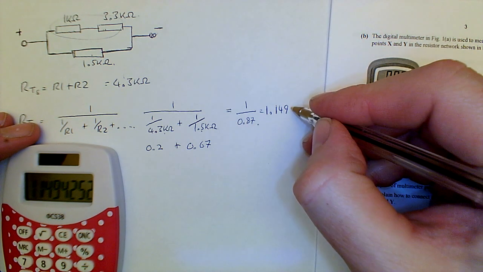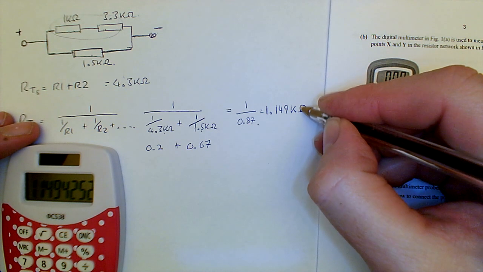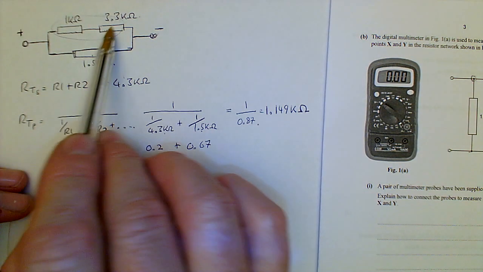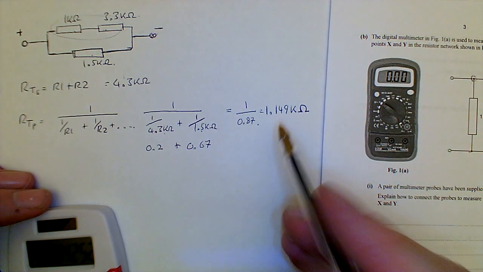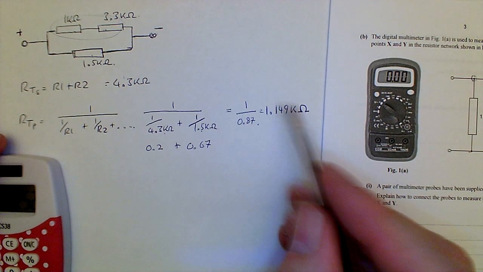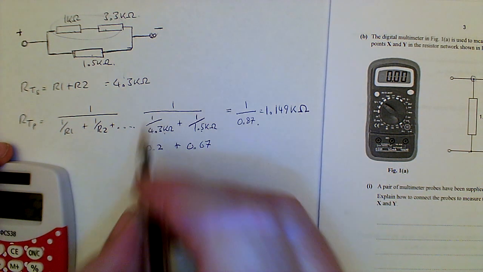Remember, it's in kilo ohms resistance. So that total of these in parallel, those in series and those two in parallel, would give me a total of 1.149 kilo ohms of resistance, the resistor total for the parallel.